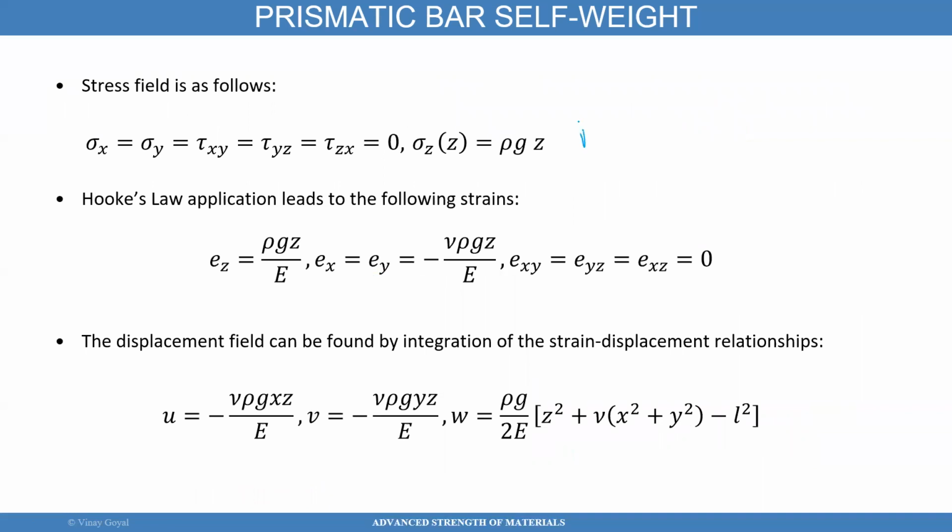So the stress field is given by this. Well, what can I do with that stress field? I can go back to the constitutive law, right? We already discussed the constitutive law. I can write it here for you one more time so you can remember it. We learned that this is 1 over E, minus nu over E, minus nu over E, 1 over E, minus nu over E, 1 over E. And then there's more terms there.